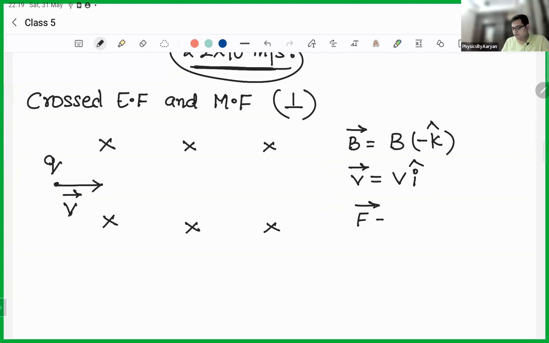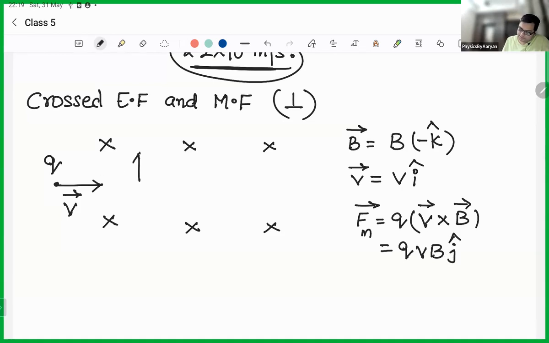So I find the force now. Force will be equal to Q V cross B. This is a magnetic force. And if you find out, i cross k is minus j, and minus minus will cancel. So you will get QVB into j cap. It means the force acting on it is in the upward direction.